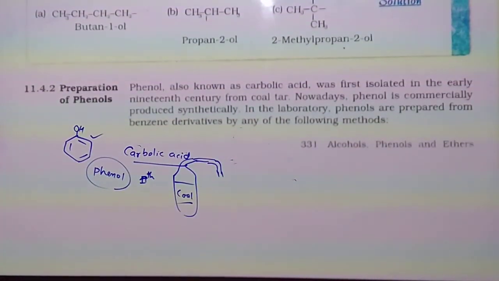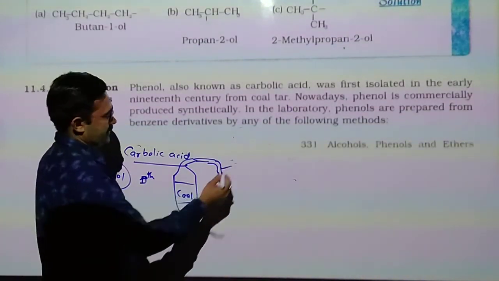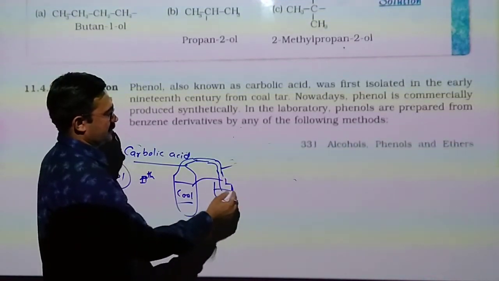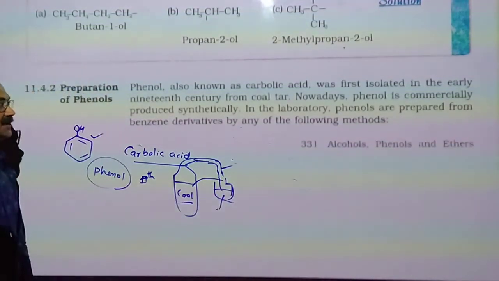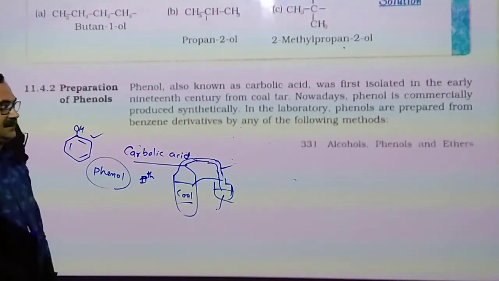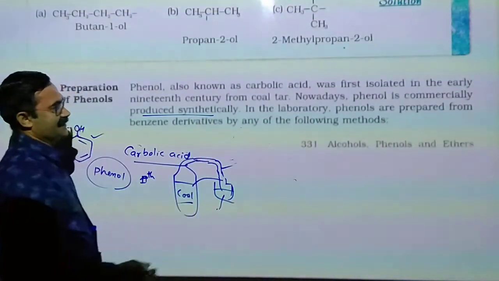Commercially, this is coal gas, and the liquid that collects in the tube is called coal tar. Phenol was obtained from coal tar. Nowadays, phenol is commercially produced synthetically.